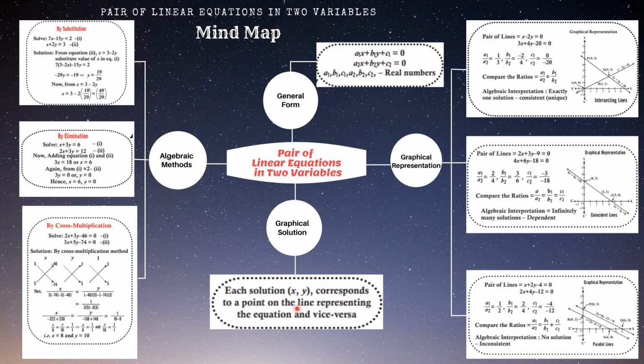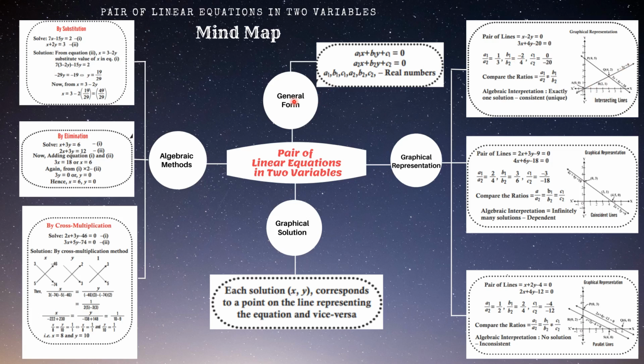That is what the last part of the sentence means: it corresponds to a point on the line representing the equation and vice versa. So graphs of linear equations are always straight lines like this.